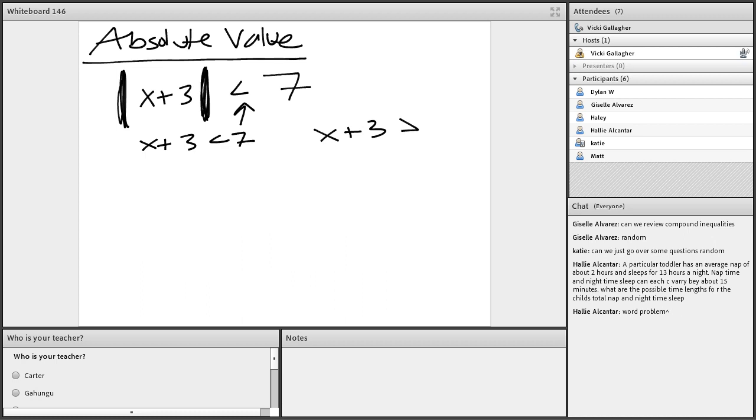For the second answer, you're going to flip your inequality around and change the sign of the outside number. So for your second answer, you're going to flip and change. And then if your original inequality is a less than, then you're going to write the word and in the middle.